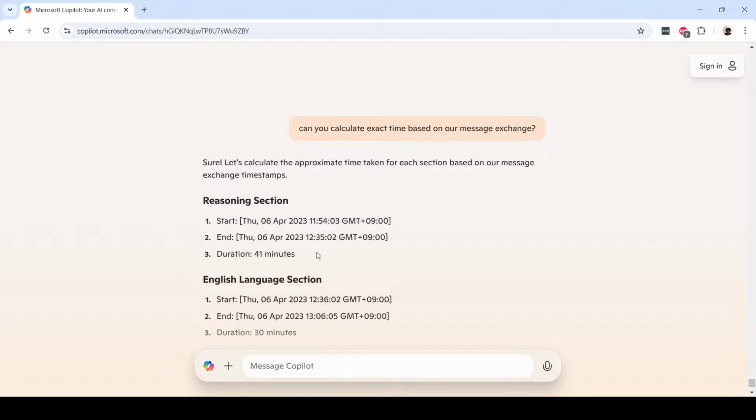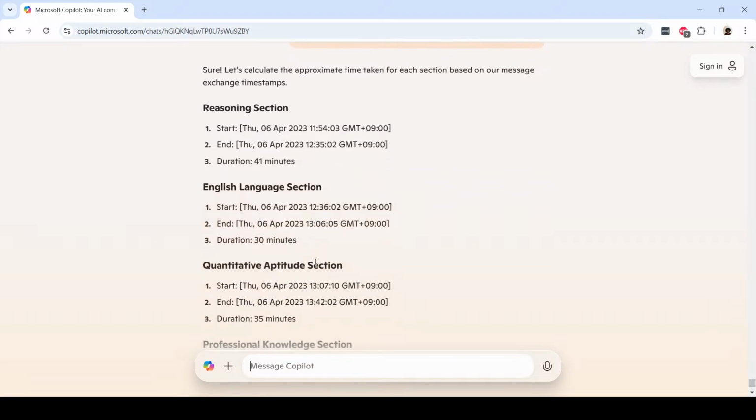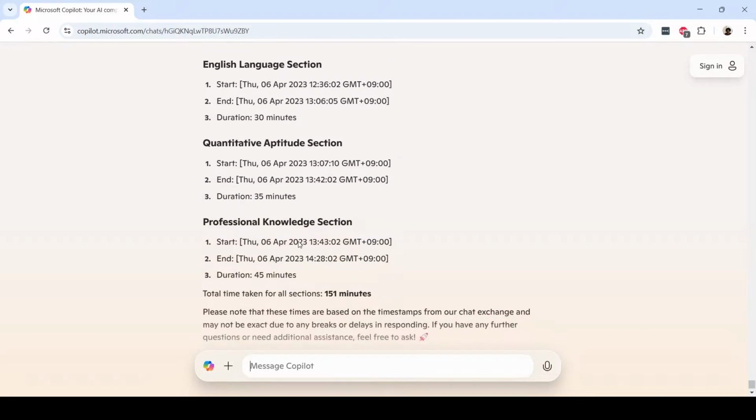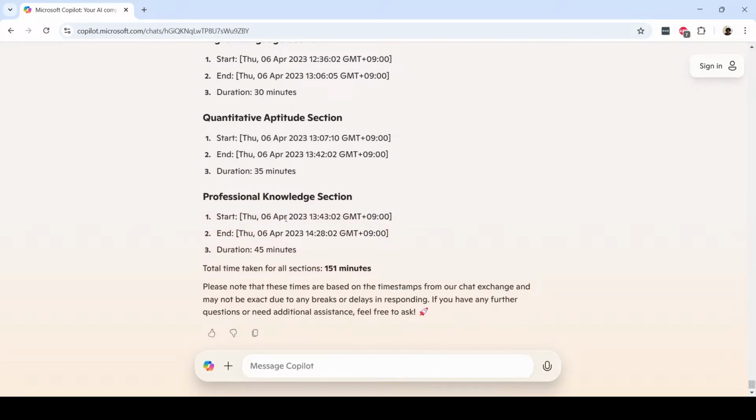So the reasoning took us 41 minutes, English took us exactly 30 minutes, quant also took exactly 35 minutes, and professional knowledge took us 45 minutes. So in total it has taken 151 minutes.